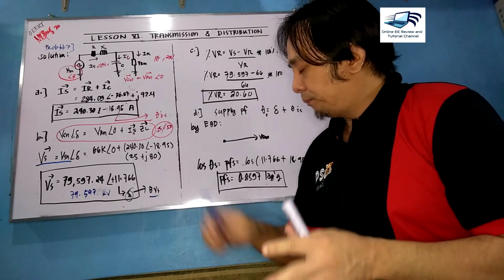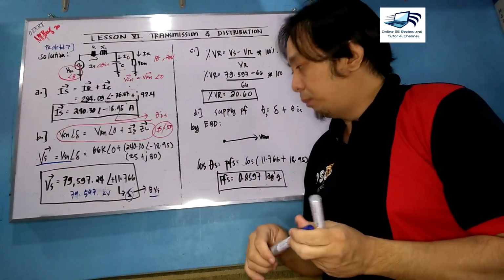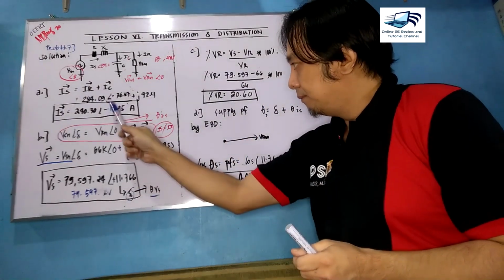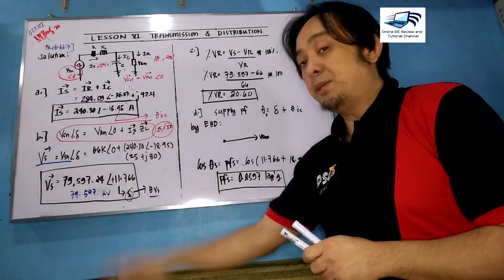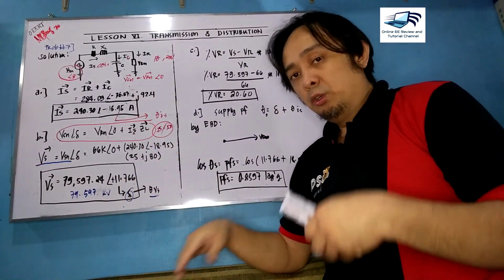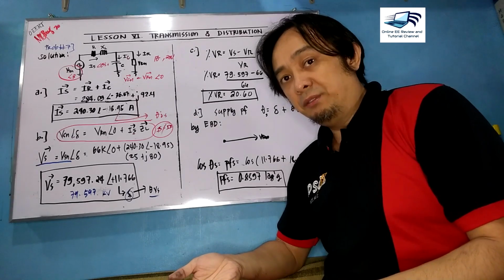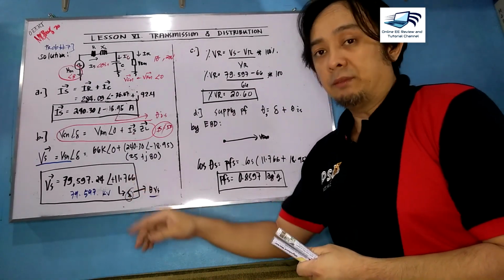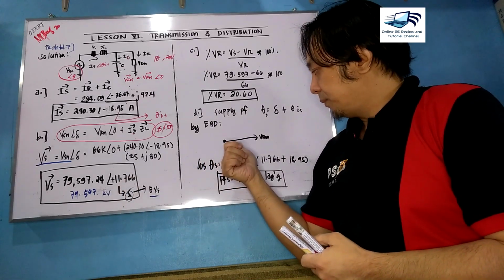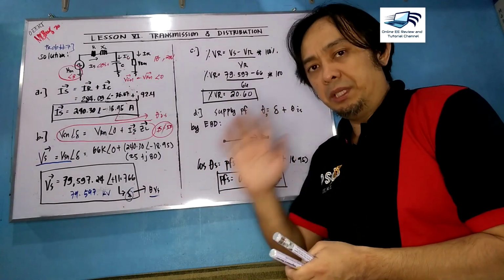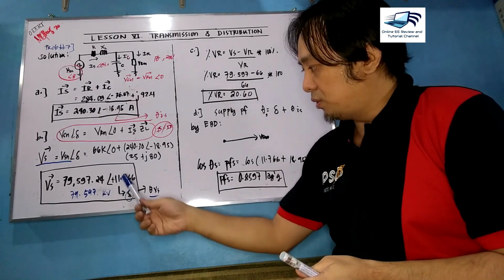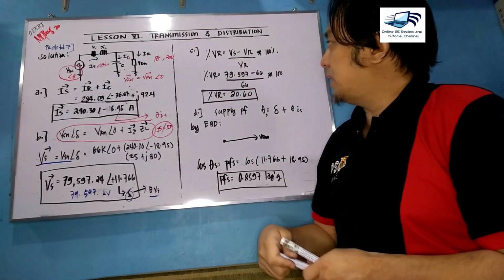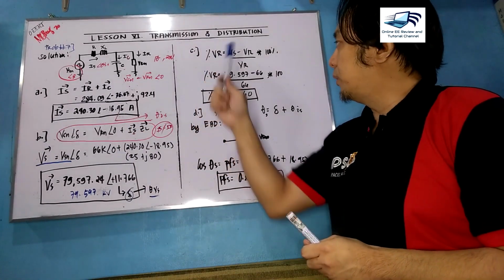It's very, very important that you know the polarities, simply because we can use that on the power factor in determining the condition of the power factor. It's very useful. Now in this case, you can now get the voltage regulation.